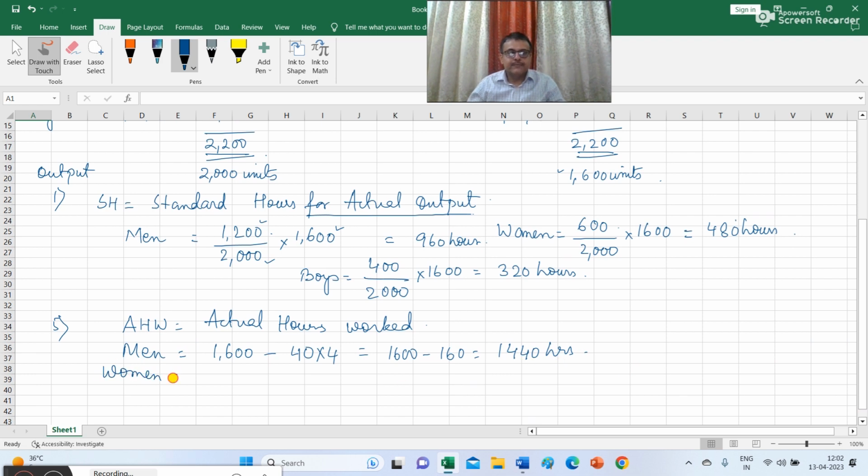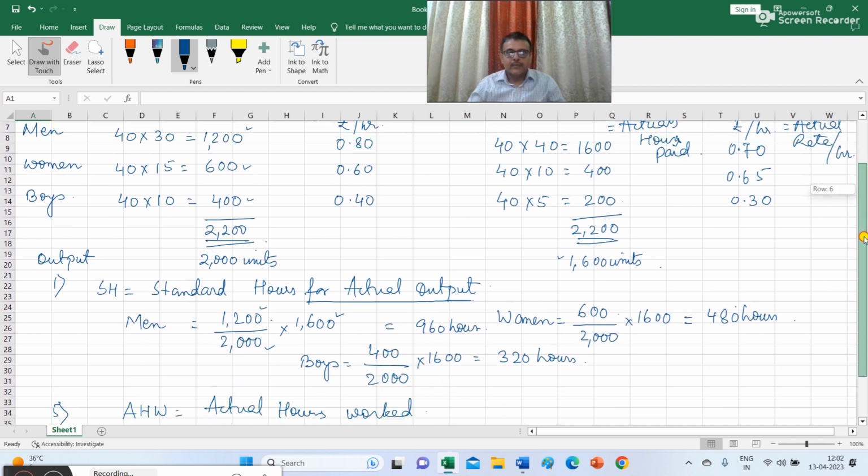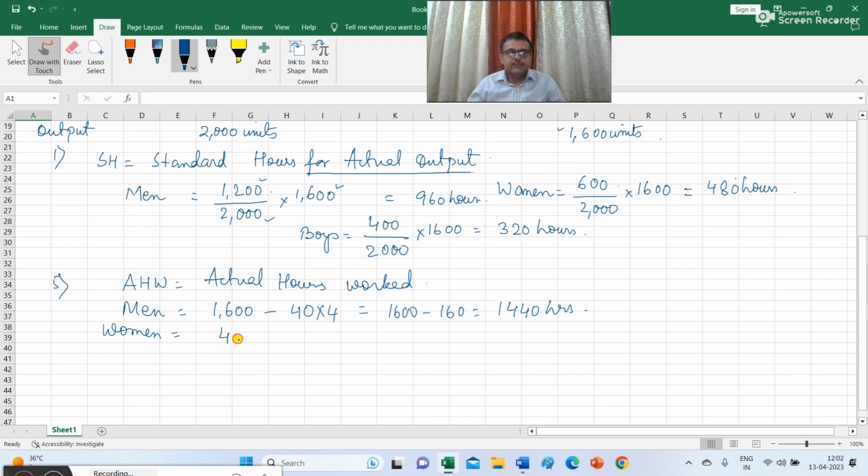Then for women, actual hours paid for is 400, and there were 10 women. So 400 minus 10 women, multiply this with 4 is 400 minus 40 is 360 hours.